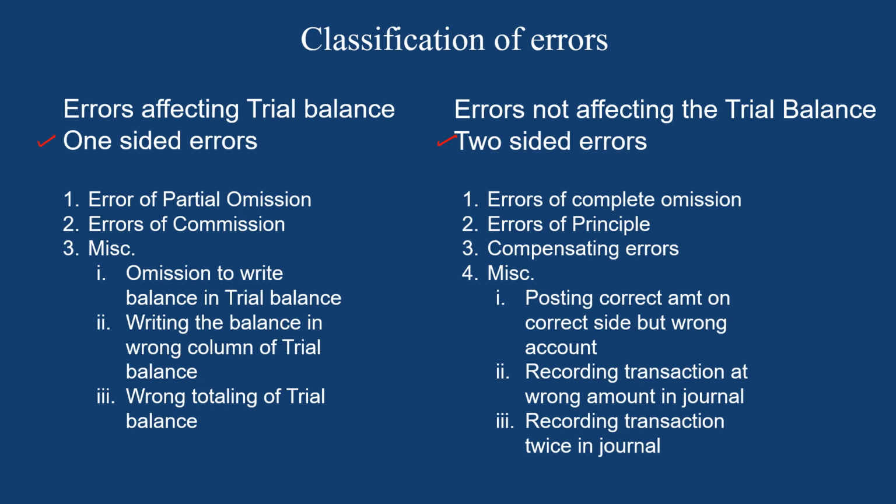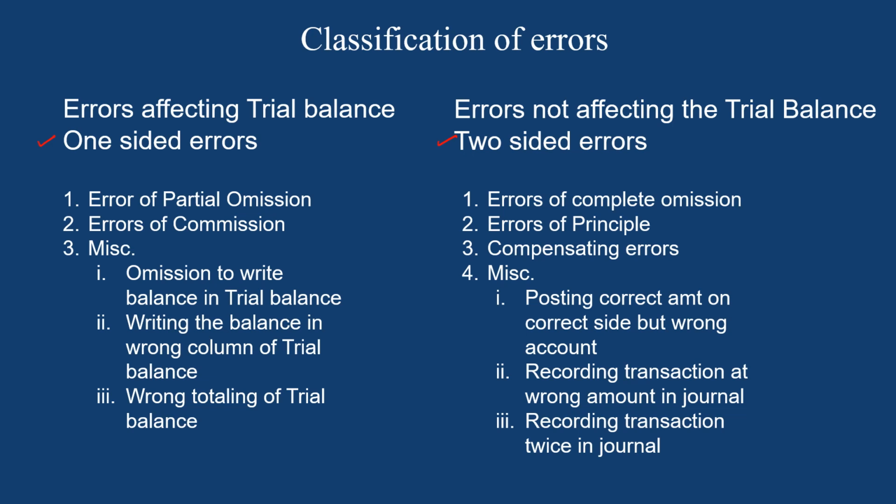Whereas two-sided errors, the types of errors are errors of complete omission, error of principle, compensating error, and further other things that you can come across is when you post the correct amount on the correct side, but you put it in the wrong account. Like it should have gone, say, to the Mohan account, debit side, 5,000 rupees, but instead it has gone to the debit side 5,000, but to Sohan's account.